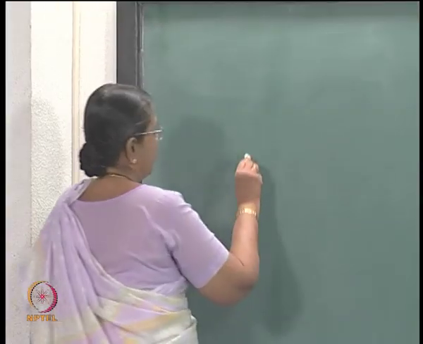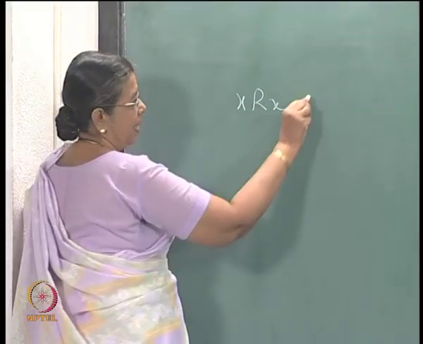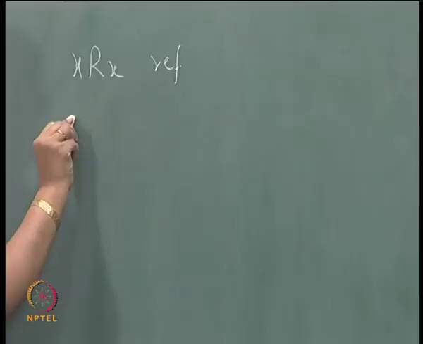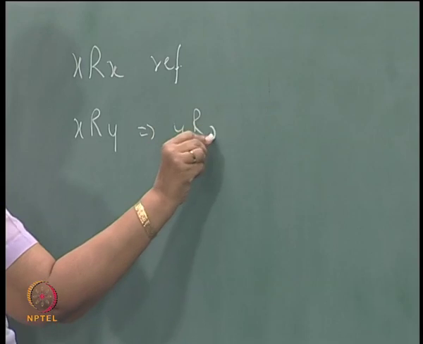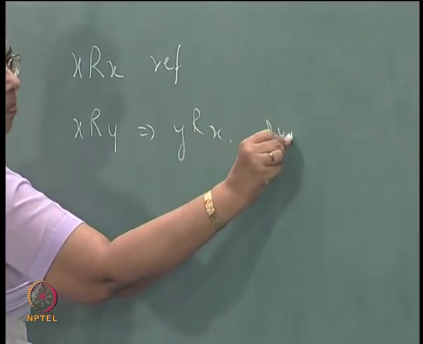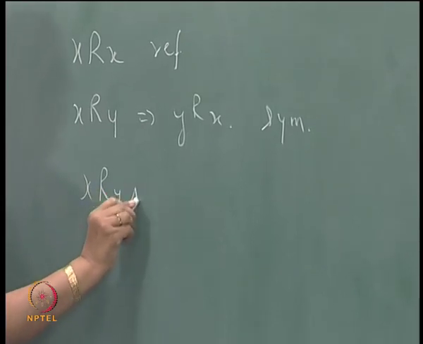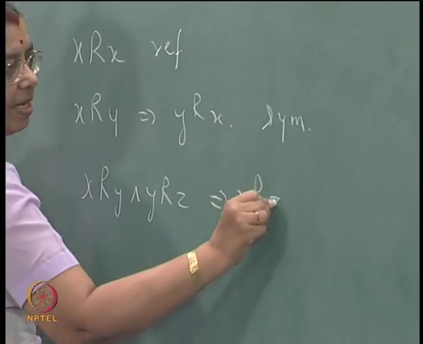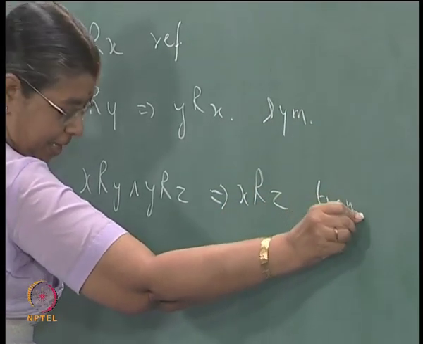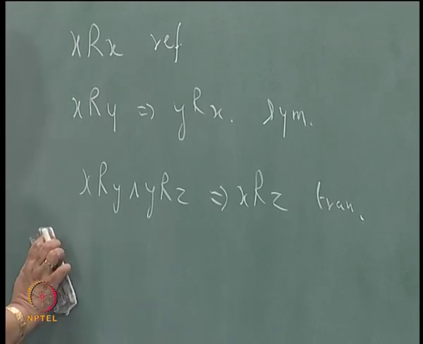Reflexive means X related to X. Symmetric property means X related to Y implies Y related to X. And the transitive property: X related to Y and Y related to Z implies X related to Z. If these three properties are satisfied, the relation is called an equivalence relation.